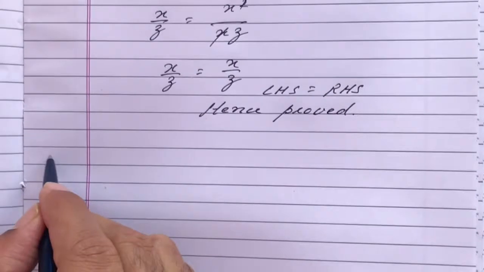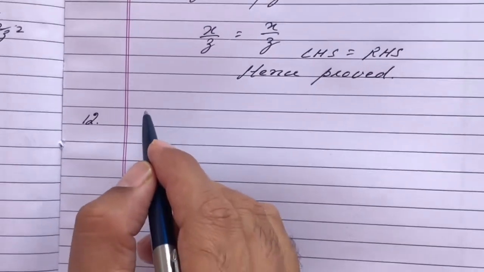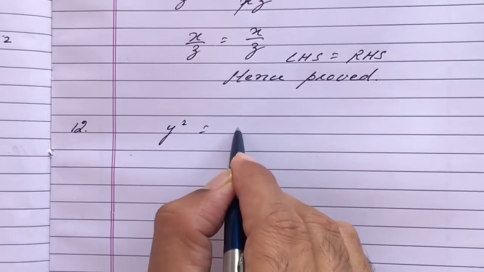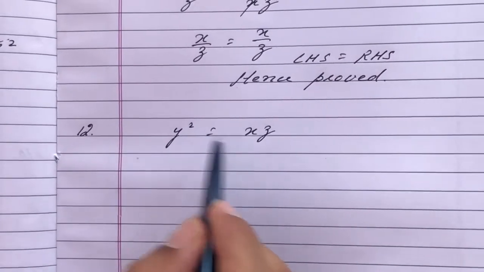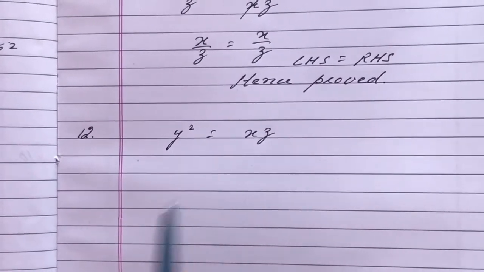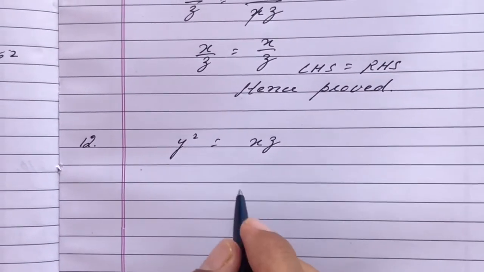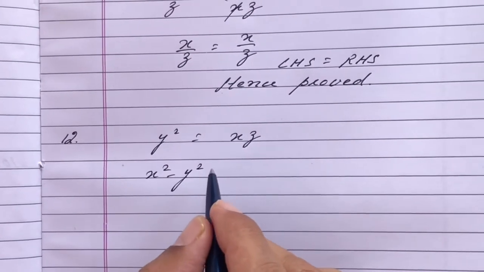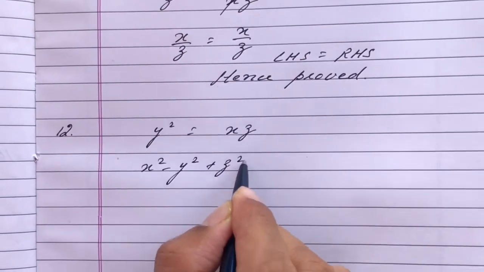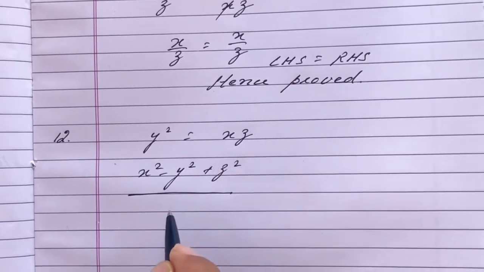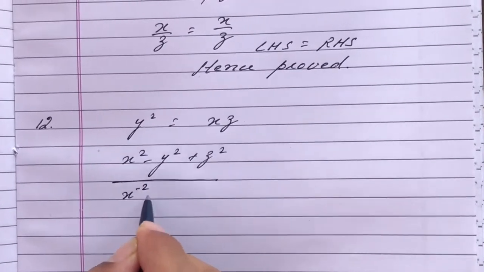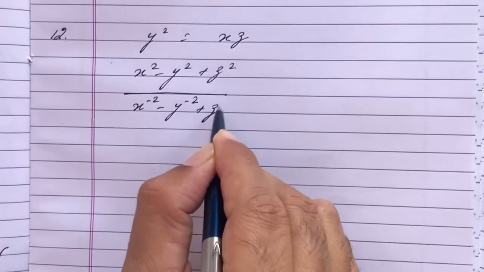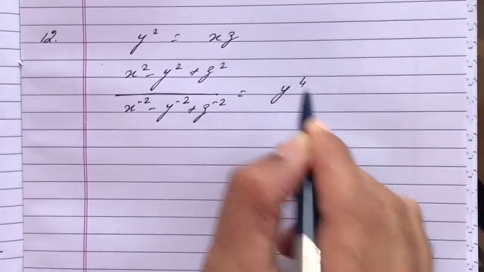Then question number 12. If y is the mean proportional between x and z, it means y square is xz. Then we have to prove that (x square minus y square plus z square) upon (y minus 2 plus z minus 2, that is, x minus 2 plus y minus 2 plus z minus 2) is y4.